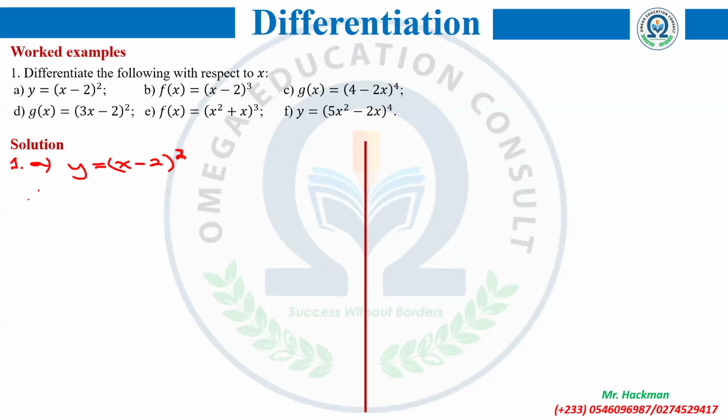Therefore d dx of y will give us dy dx. We are now matured enough to recognize that. And this will be equal to d dx of x minus 2 all squared. So my differential operator is affecting a function to a certain power.